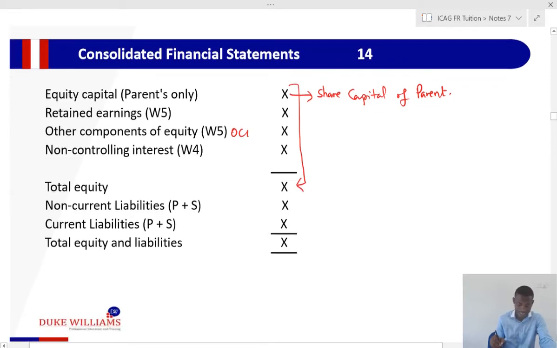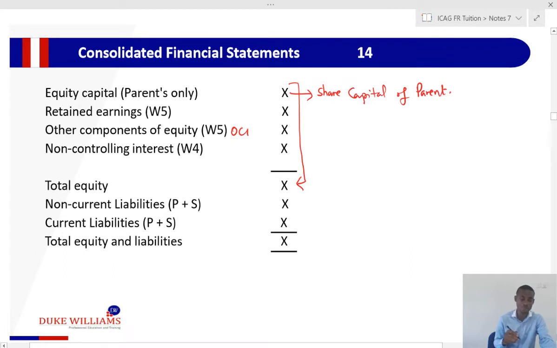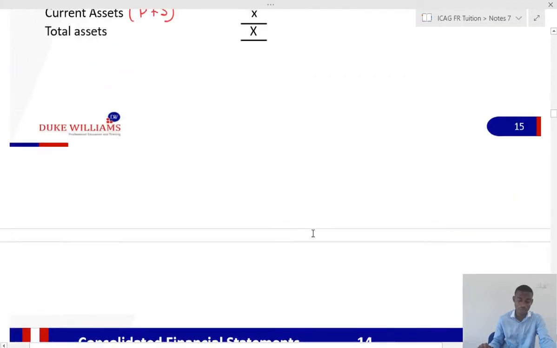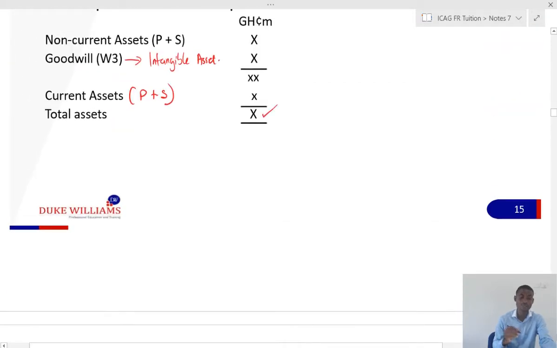Now we add the liabilities. We have the non-current liabilities of the parent added to that of the subsidiary. We have the current liabilities of the parent added to that of the subsidiary. So our total equity and liabilities here should equal the total assets.